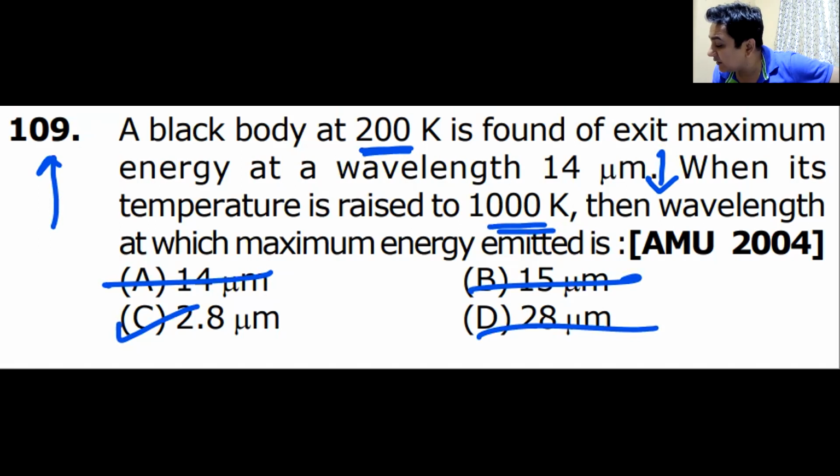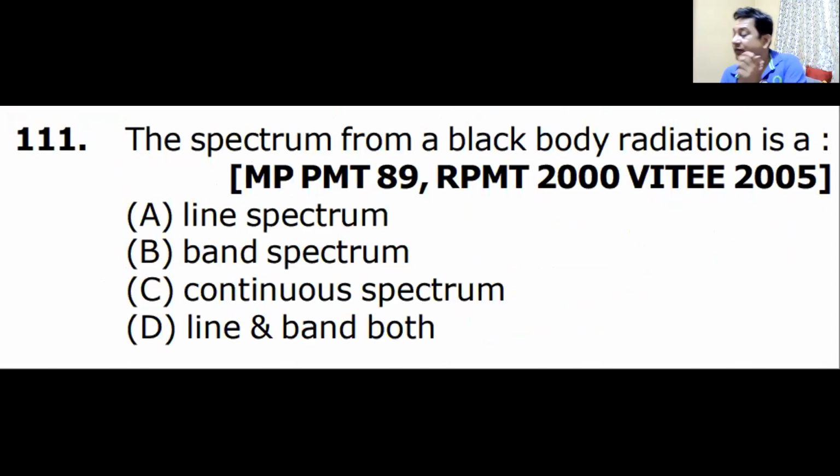We are getting to the end of this chapter, literally, the exercise as well. Here comes a question. The spectrum from a black body radiation is A, B, C, D, 1, 2, 3, 4. And the correct option is option number 3.